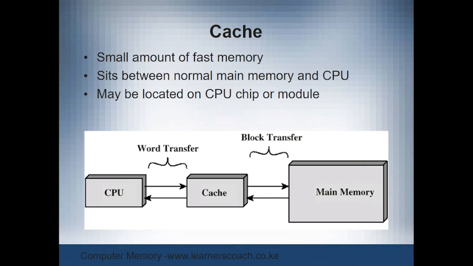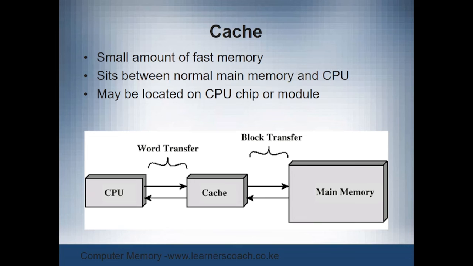So before the processor interacts with the main memory, it first checks the availability of the data or instructions within the cache memory. This typical block diagram shows that the interaction between the cache and the CPU is a word transfer, and from the main memory to the cache is a block transfer.